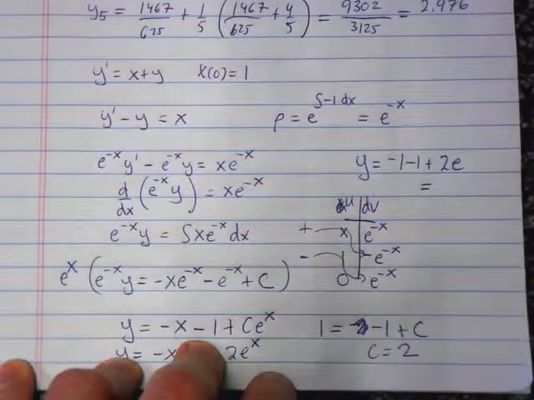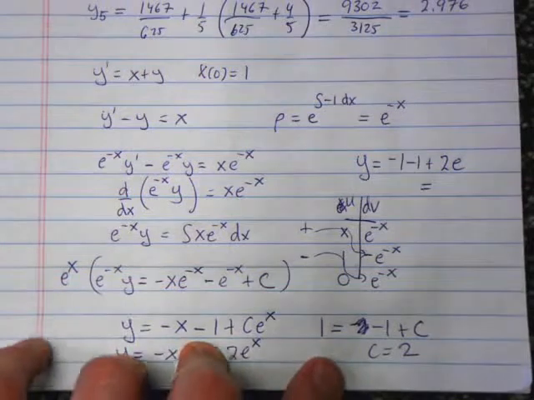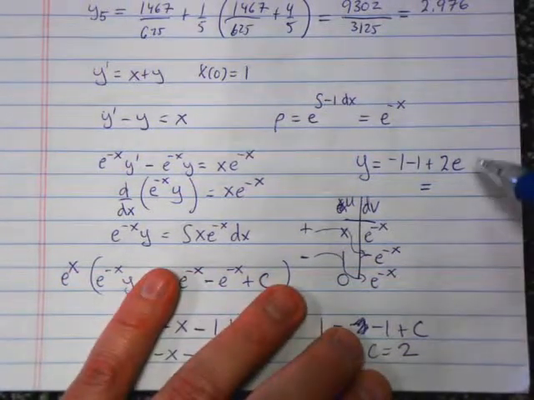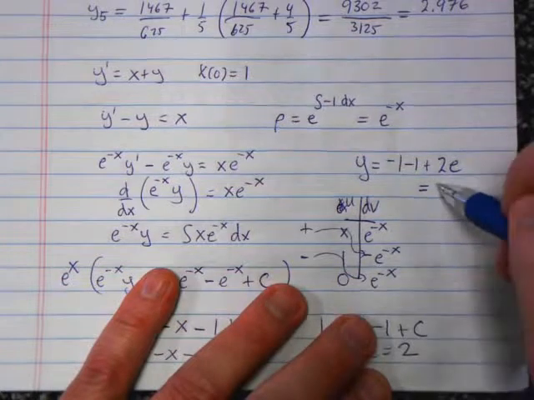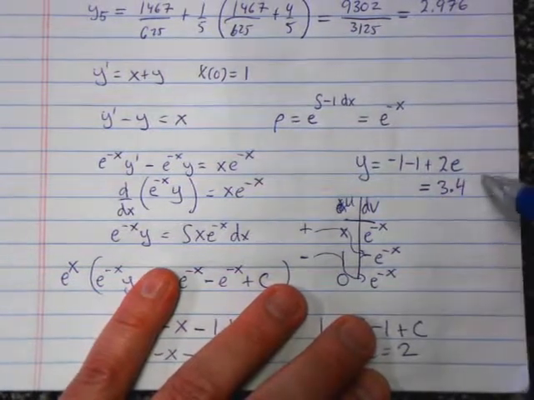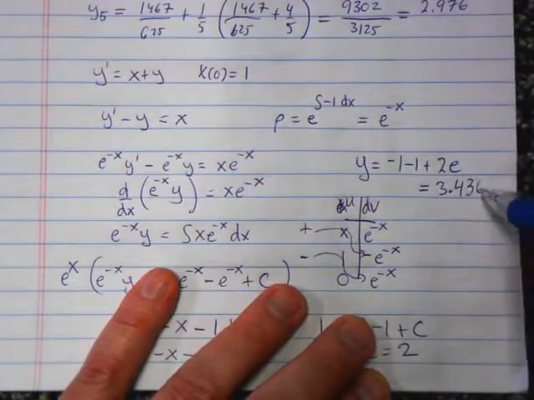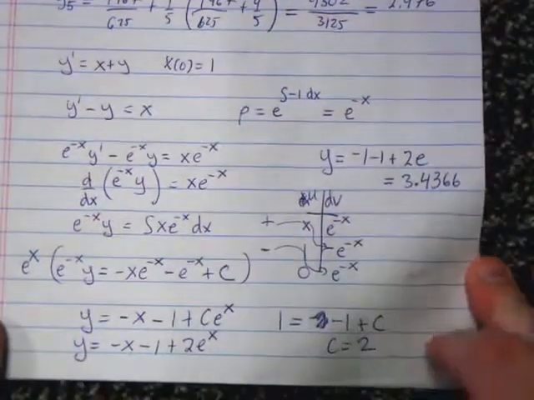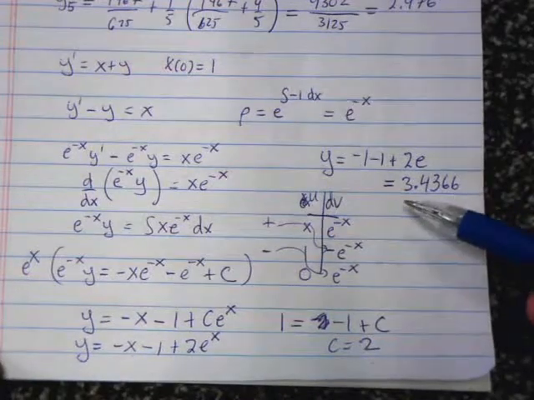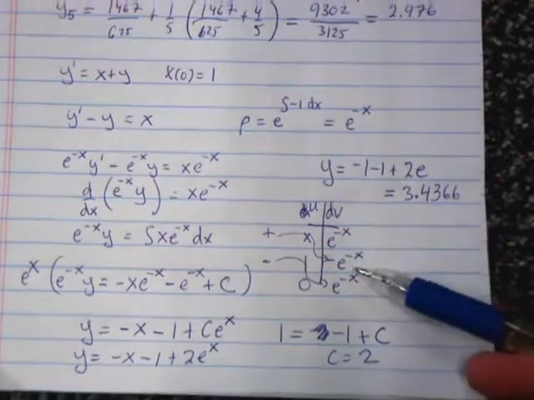Somebody grab a calculator. Negative 2 plus 2e. 3.4. Okay. So the exact answer should be about 3.4366.